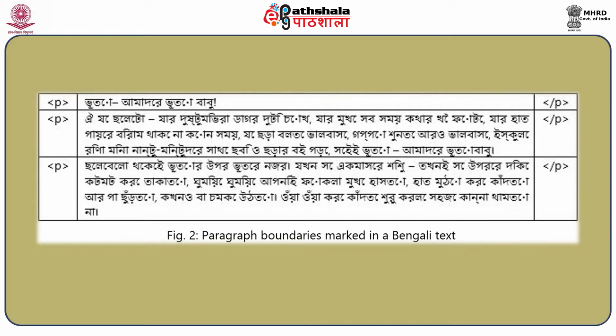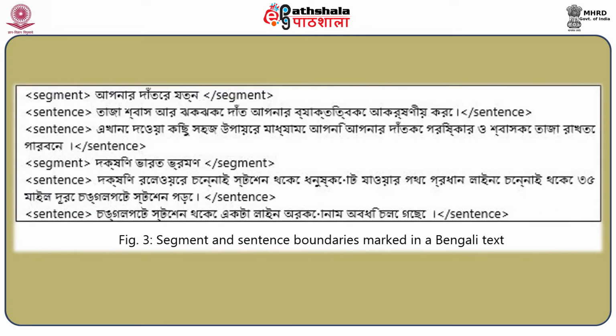That is another important area which cannot be ignored. Before the actual POS tagging task starts, we need to identify sentence boundaries and paragraph boundaries. If you refer to figure 2, we have given some examples of how sentence and paragraph boundaries are marked in the text. You can see that each sentence has a unique ID and a separate linguistic identity.